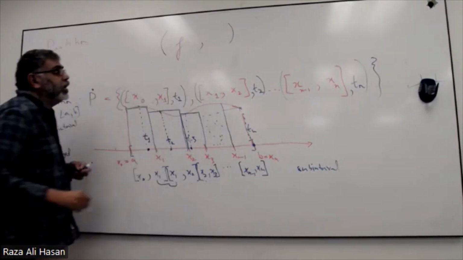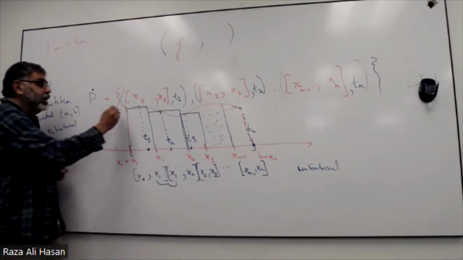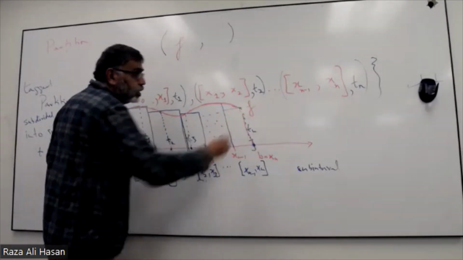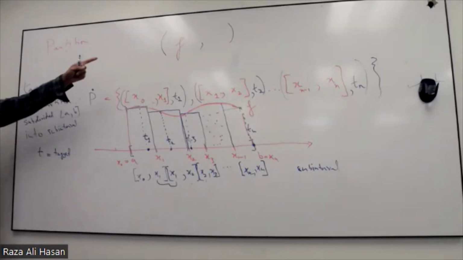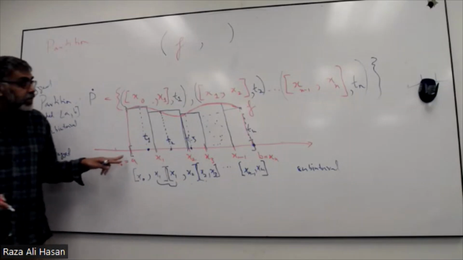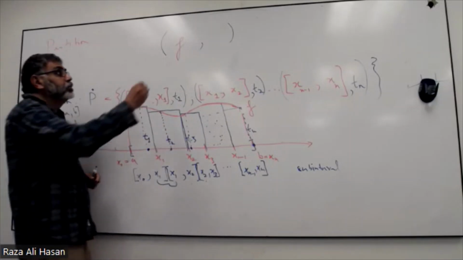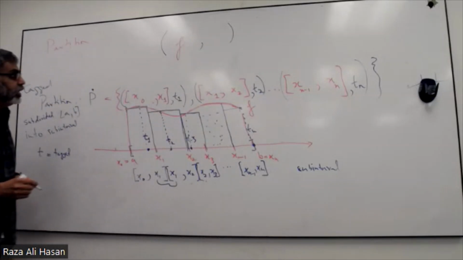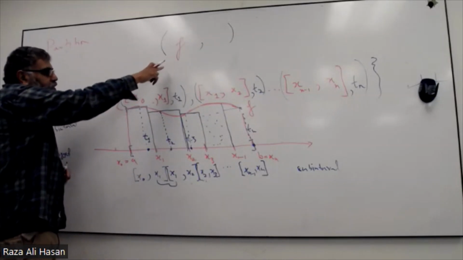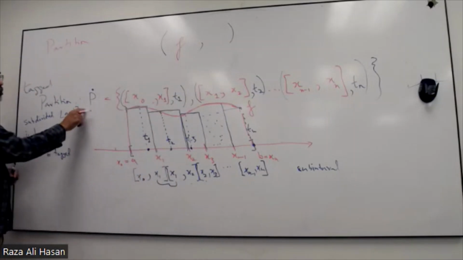So this ordered pair has an F, the function F. I put the function F together with the tagged partition that we see here. So how do I say that the graph of this function has a tagged partition?